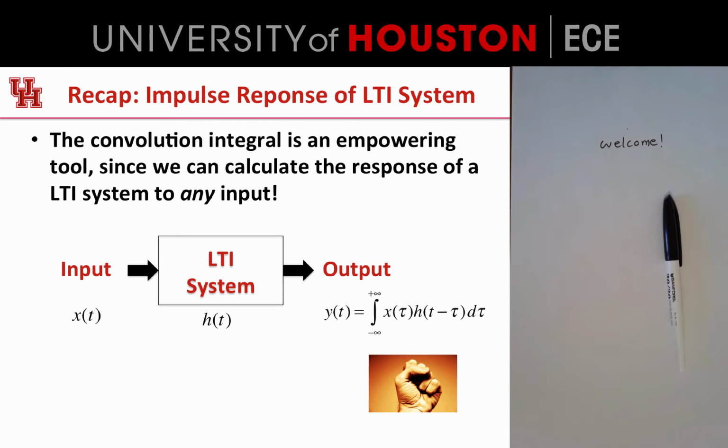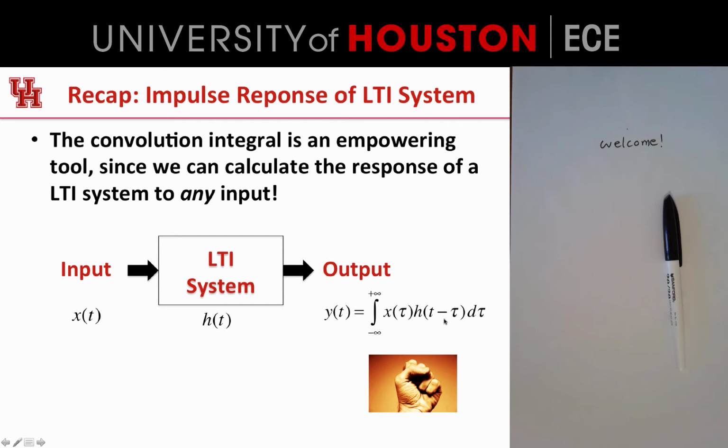Now, if you know the impulse response to the system, then the output is given by this rather simple formula, which is the integral from minus infinity to infinity of x of tau, h of t minus tau, d tau. So you've got the input signal, x of tau, and you've got the impulse response that's been flipped and translated.